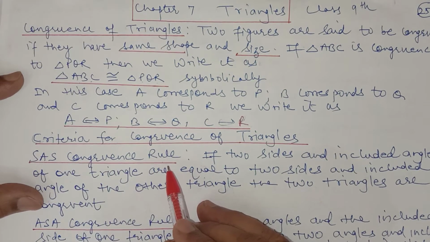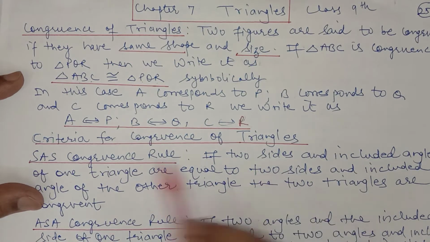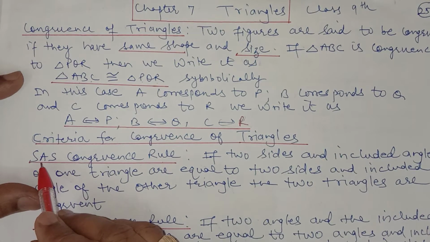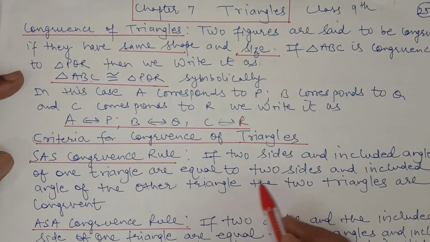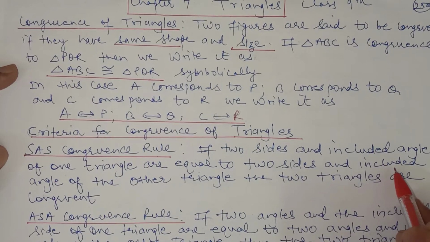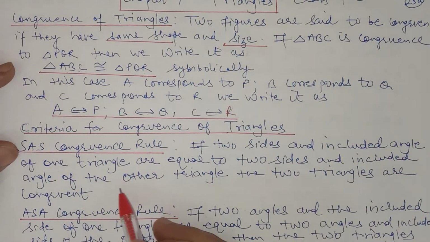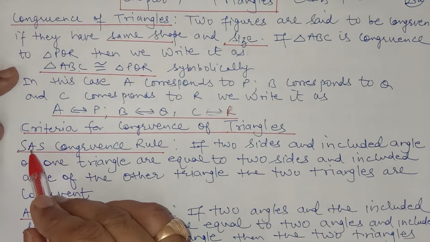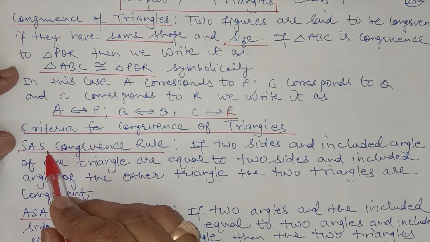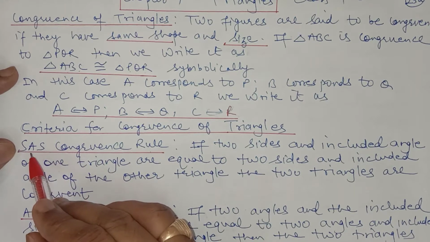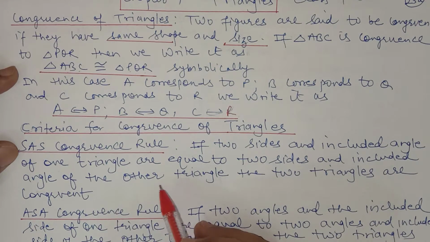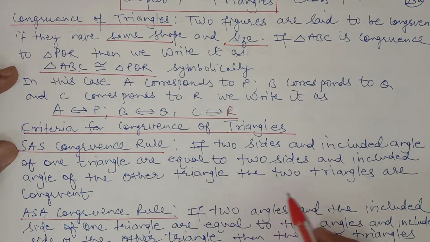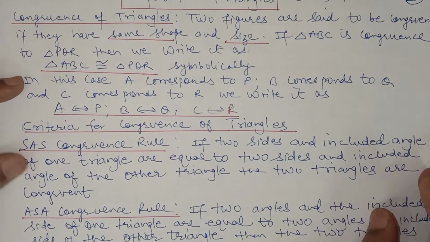What this means is, if two sides and the included angle between these two sides are equal to the two sides and included angle of the other triangle, then the two triangles are said to be congruent by SAS Congruence Rule.